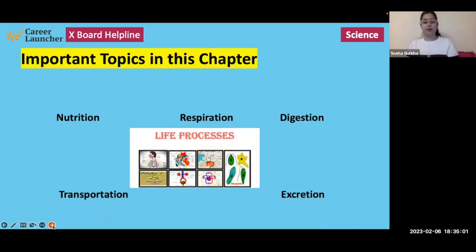After that, transportation in animals, as well as transportation in plants, right? In animals, whether it is single circuit transportation or double circuit transportation. A well labeled diagram of the heart, very, very important. Different parts of the heart, and what are the respiratory structures in other organisms.